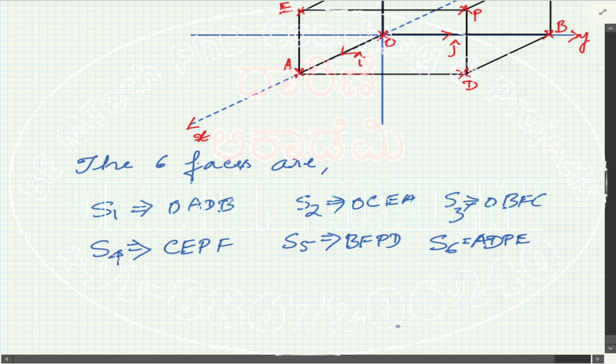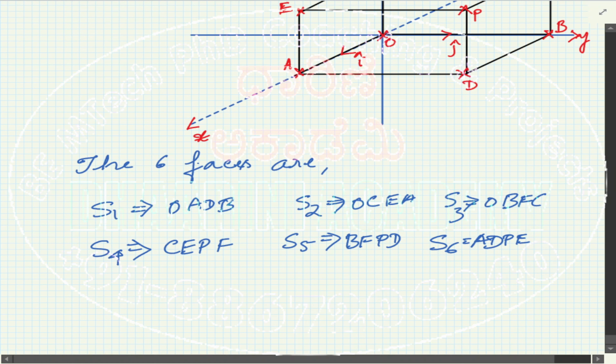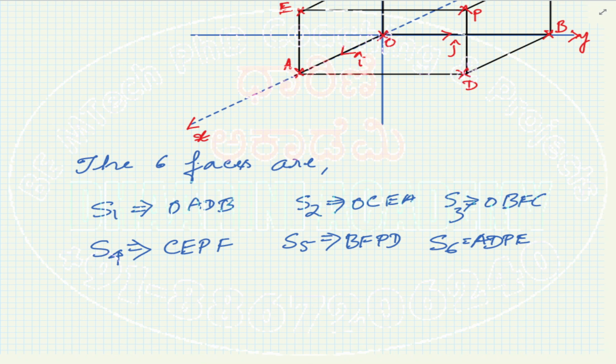So it means we have 6 different surfaces. For each of these surfaces, we need a unit vector, because the equation says the double integration over S of f dot n cap dS. n cap is the standard notation for the perpendicular term.